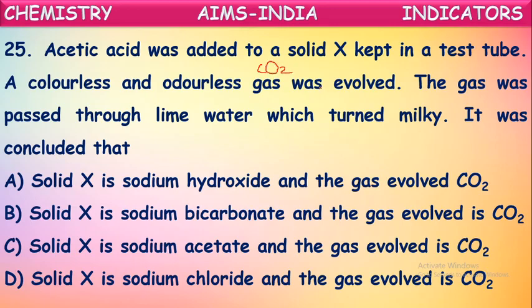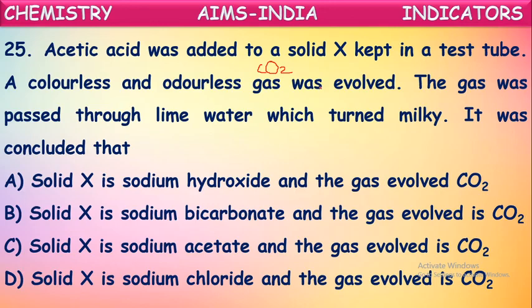Now observe the options once. Which substances generally produce carbon dioxide gas on reaction with acids? We know metal carbonates and metal bicarbonates generally produce carbon dioxide gas on reaction with acids.